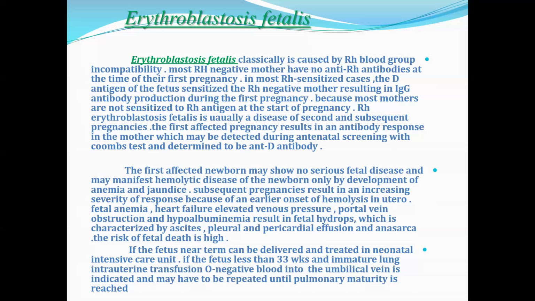But if the fetus is less than 33 weeks gestation with immature lungs, intrauterine transfusion of RH negative blood into the umbilical vein is indicated and may have to be repeated until pulmonary maturity is reached.